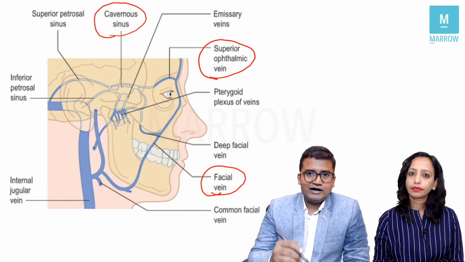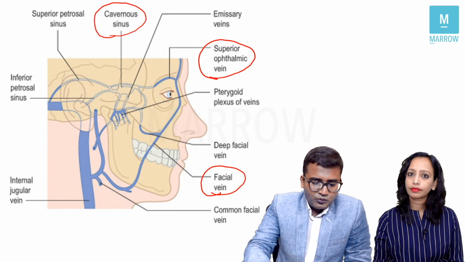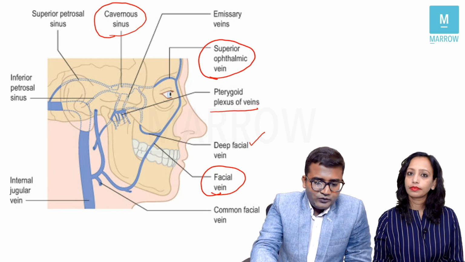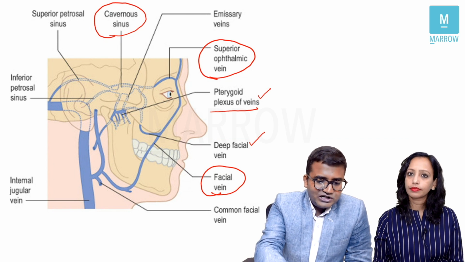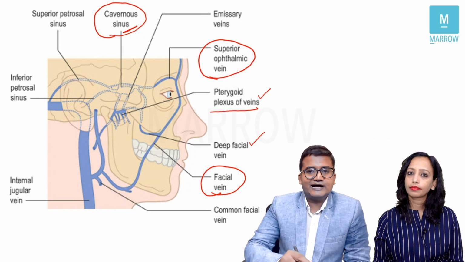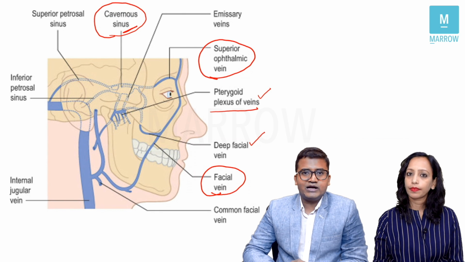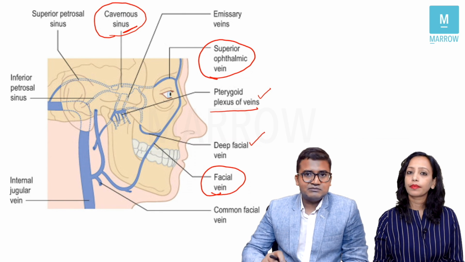Now we also have another route from the facial vein, which goes to deep facial vein and then pterygoid venous plexus via emissary vein, which in turn goes to cavernous sinus. Now out of these two routes, in the exam, they will ask you which is the most common communicating channel between the facial vein and the cavernous sinus. Please remember the answer is superior ophthalmic vein. That is the most common route. One time they gave this question.